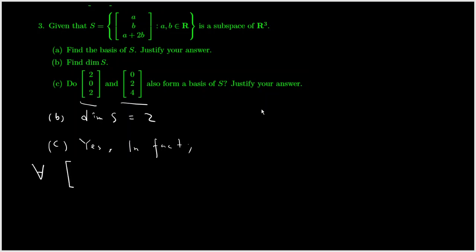For each vector (a, b, a plus 2b), every vector in S has that form.